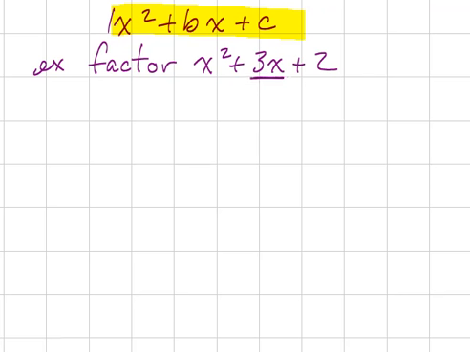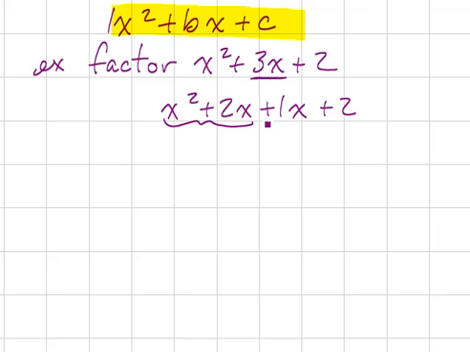If I could rewrite this as four terms, something like x squared plus 2x plus 1x plus 2, then they could do like what we just did. We could factor by grouping.